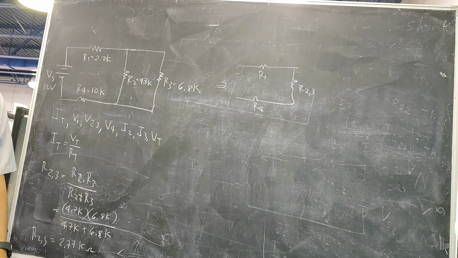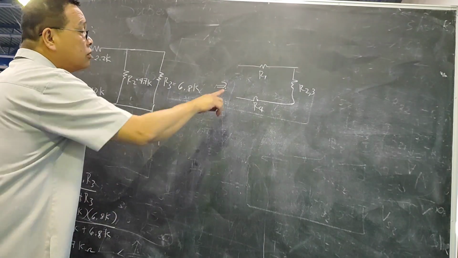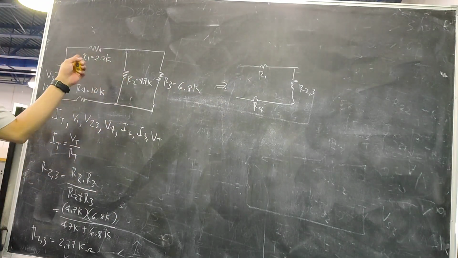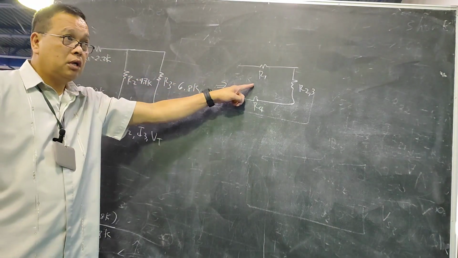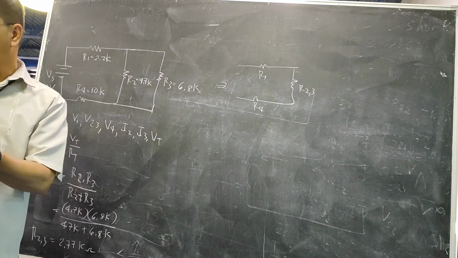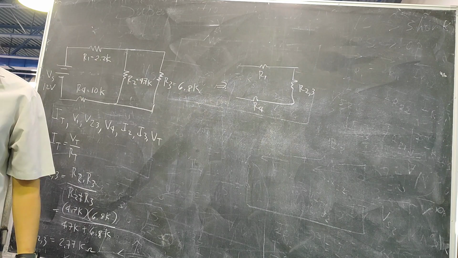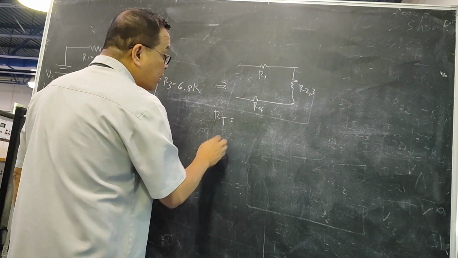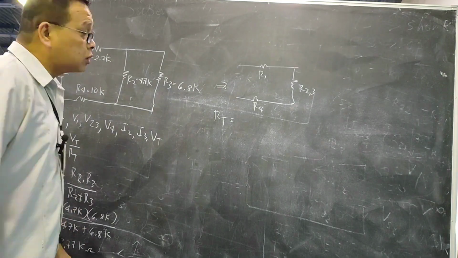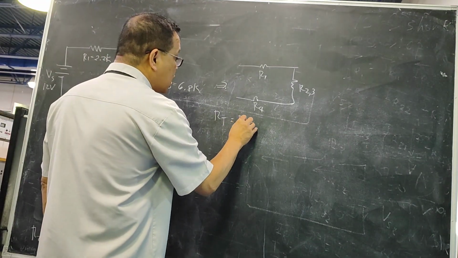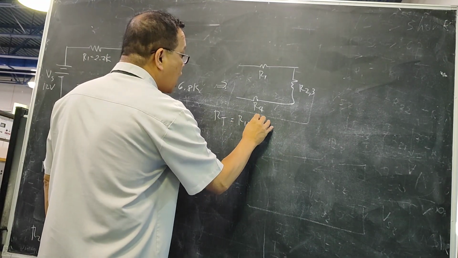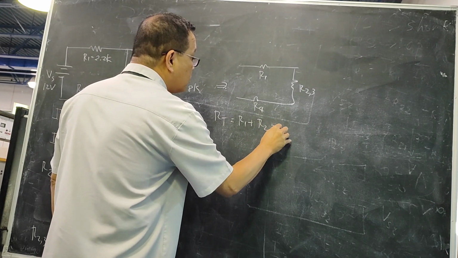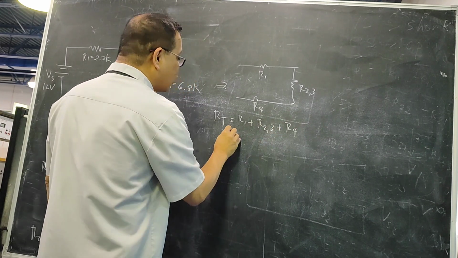Since we now have three resistors in series connection, simply add these three resistors together. That will be our R total. So that's R1 plus R23 plus R4.